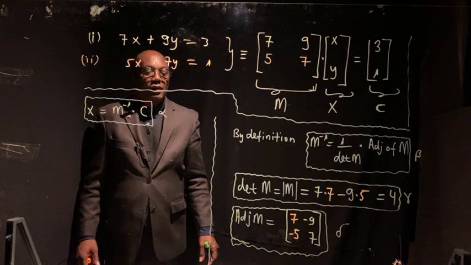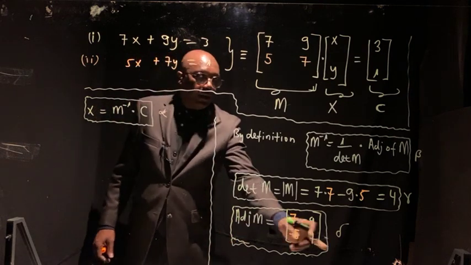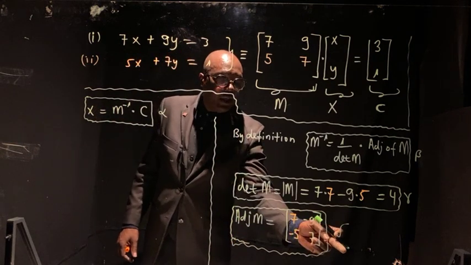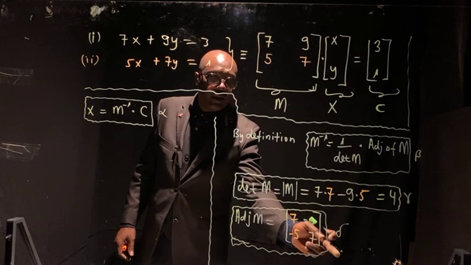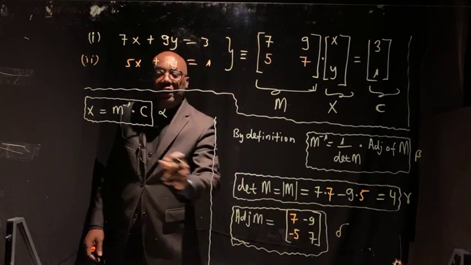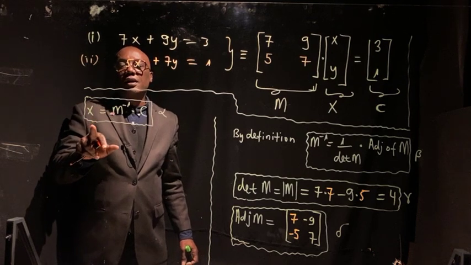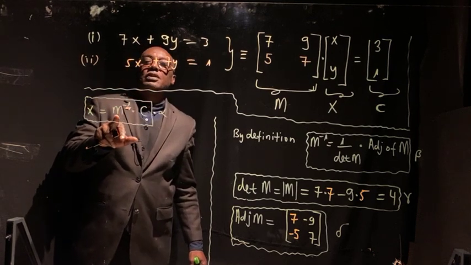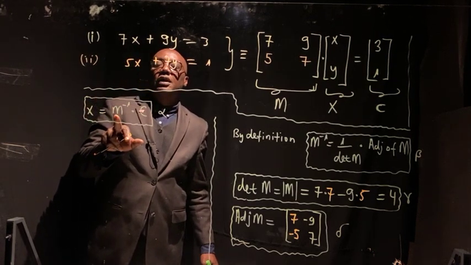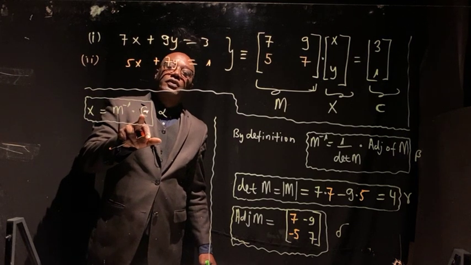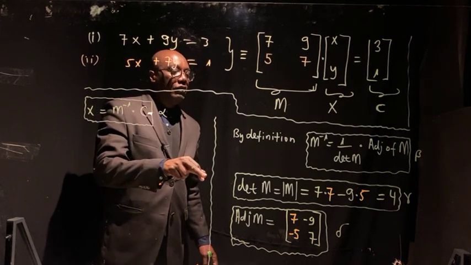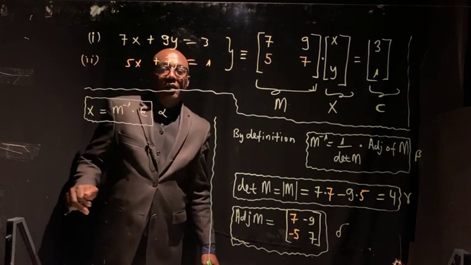Now, welcome back. We ended at this point, and we are going to carry on here. So we say that X is equal to the inverse of the matrix M times C. What is the inverse of the matrix M?